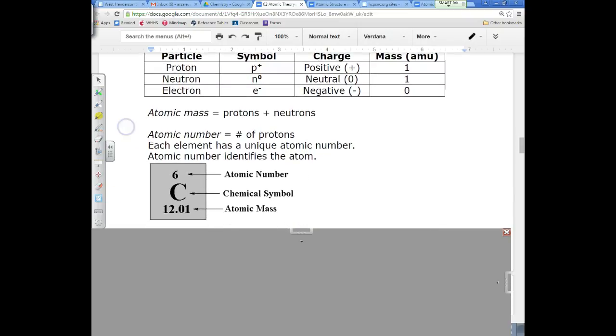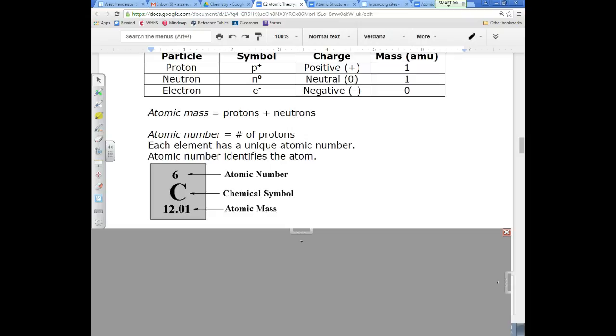Now, I told you this stuff was located on the periodic table. So if you look here, the atomic number is printed on top on our periodic table in the room. It is printed in blue. Then you have the chemical symbol. Remember, it's a capital letter or a capital letter and a lowercase letter. And then the atomic mass is there at the bottom.